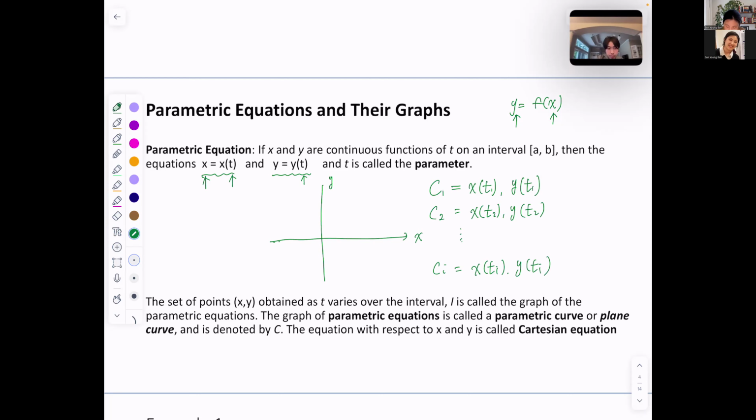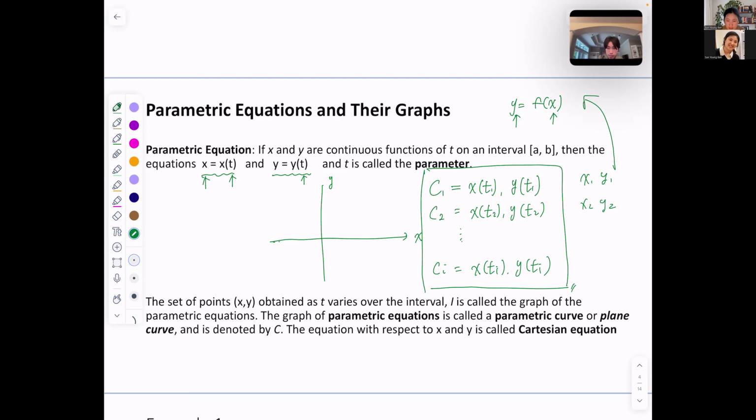So this is a little bit different from the regular linear function or quadratic function. This is more complicated, right? So what I'm doing here, you can still make a curve or a graph by using this parametric equation, okay? So this is very abstract so far.